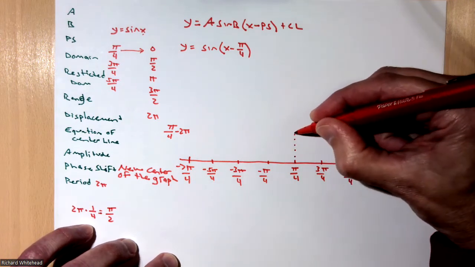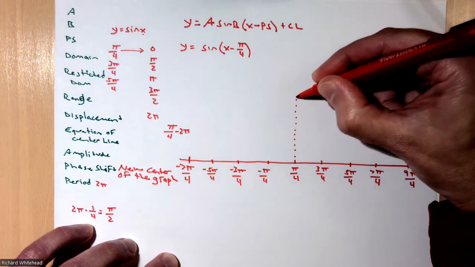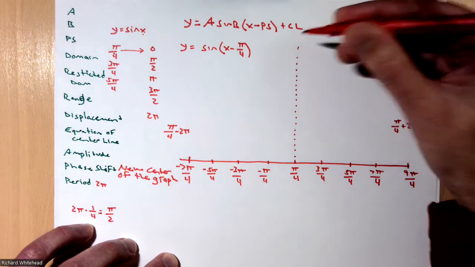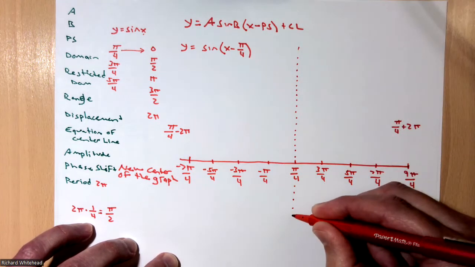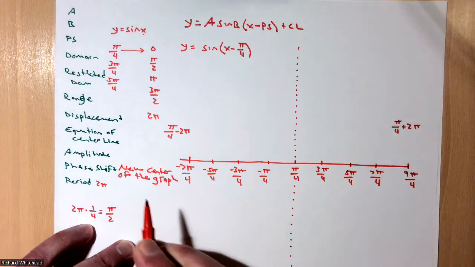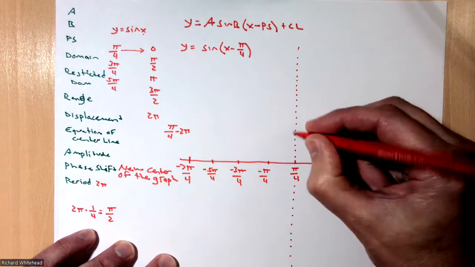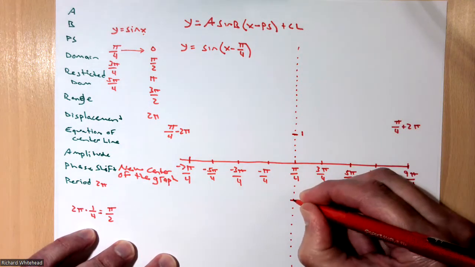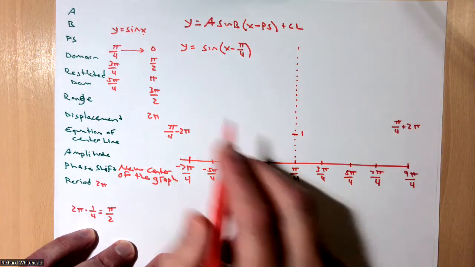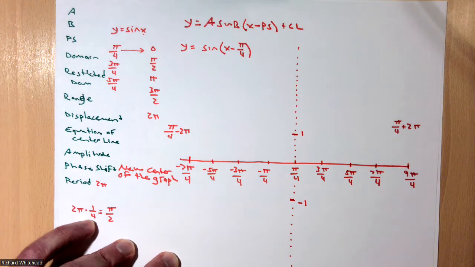What I like to do is when I put that pi over 4 in there, that's my new center of the graph. For this example, I just made it easy. The amplitude is 1, so we're going up from 1 to negative 1. It's positive, so there's really no changes here.